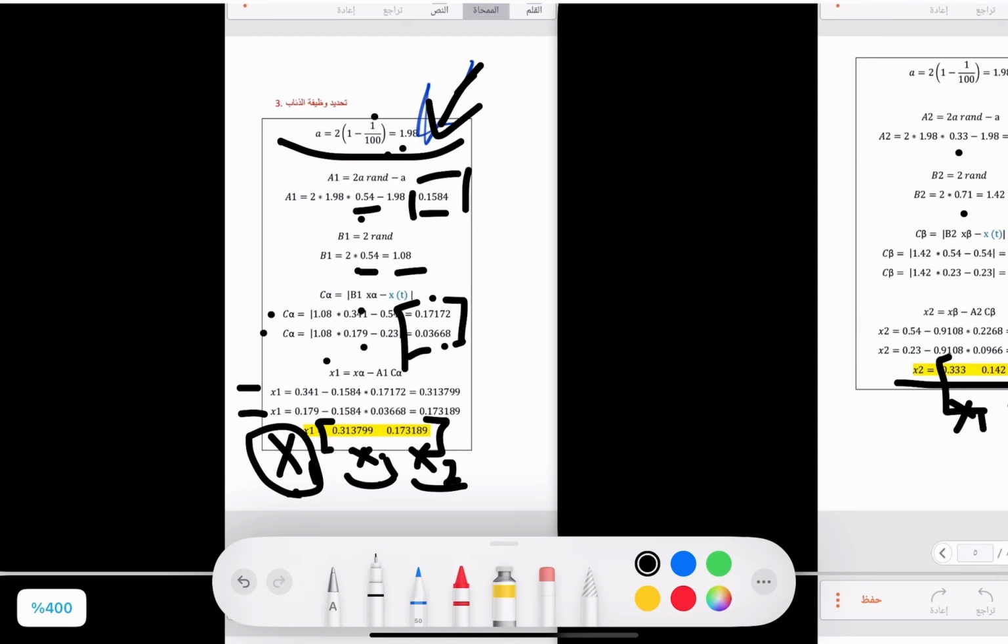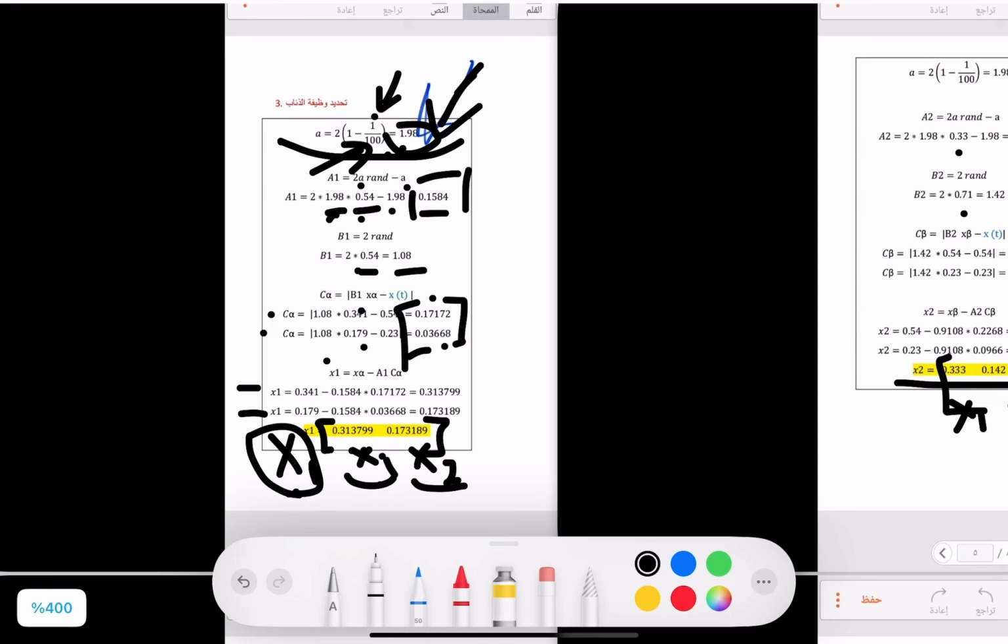It's always 2 times 1 minus the iteration we are in, which is the first iteration, over the total number of iterations that will be done, which is 100. So it's 2 times 1 minus 1 over 100, which is going to be 1.98. This is the value for A. The value of A is always constant here and here. As we can see, it's kept constant as 1.98 at each iteration. The next iteration is going to be 2 over 100, which is going to give us a different value.